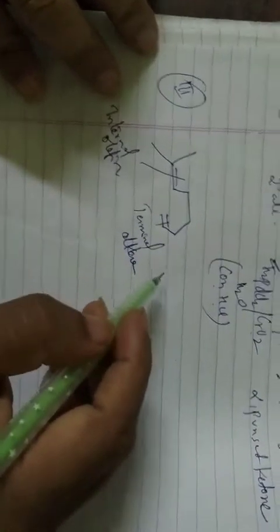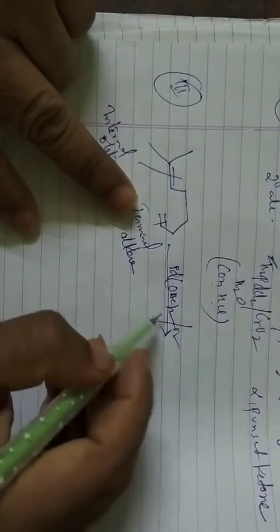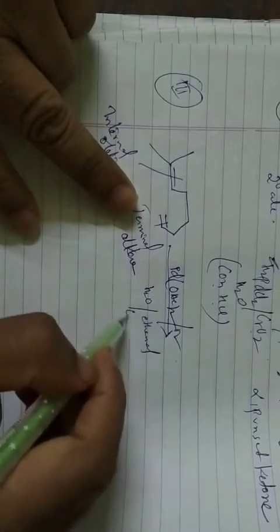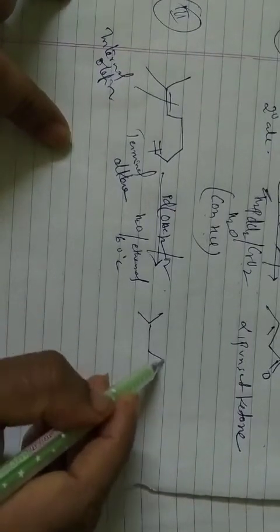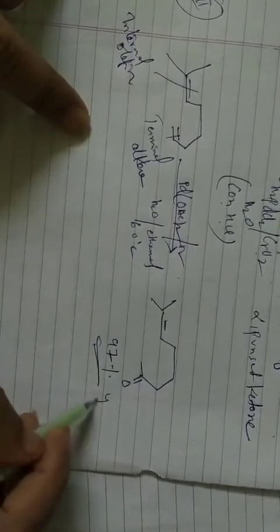Okay, and when this is treated with palladium acetate, in the presence of oxygen and H2O, in presence of ethanol, at 60 degrees centigrade temperature, you can see that this product is going to form where you get the ketone, and this is going to remain as it is. So 90% yield of the product is obtained here.